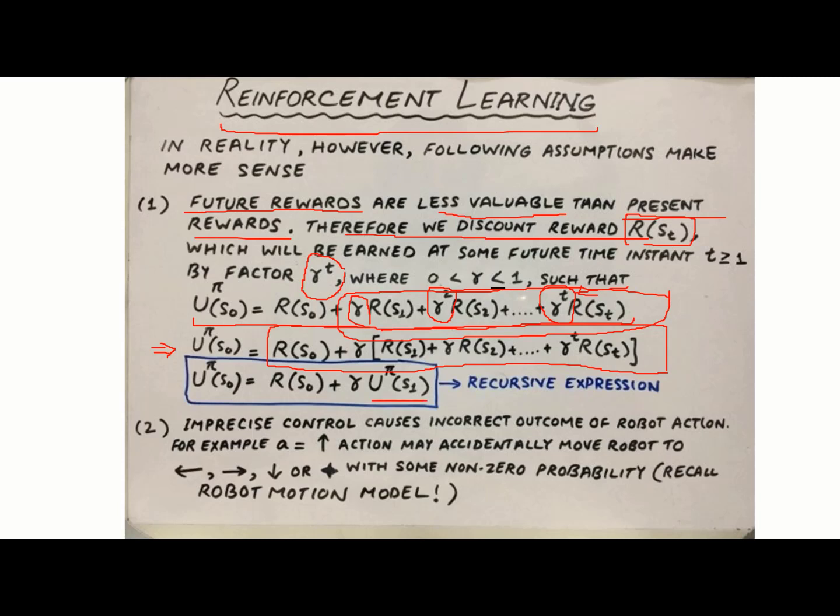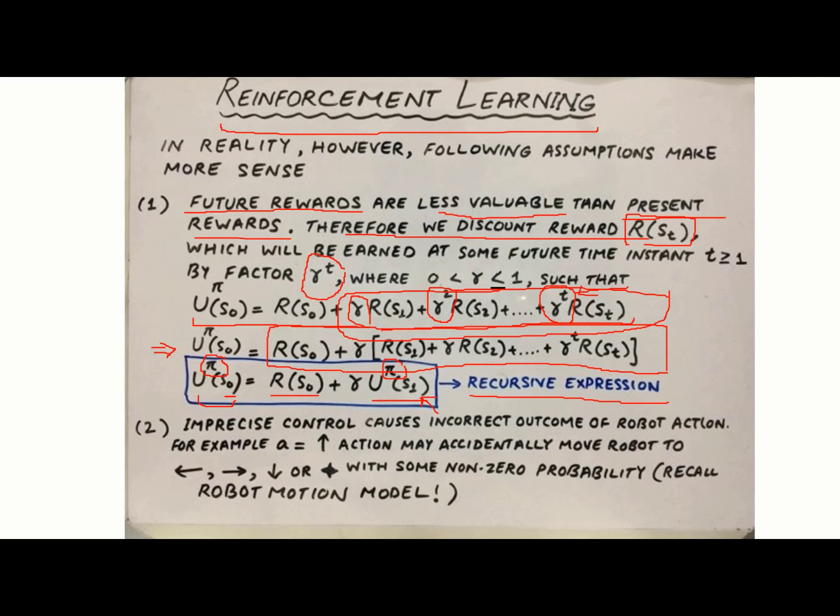So in a sense, we're saying that the expected reward when a robot starts its journey in S0 is equal to the reward in state S0 plus the discounted reward of the robot when it begins its journey in the state S1. And obviously the superscript pi remains intact because the robot is moving according to some policy pi, and therefore this is a recursive expression.